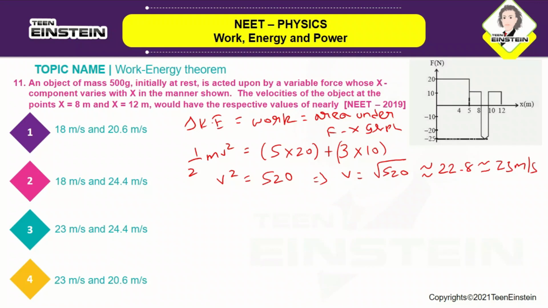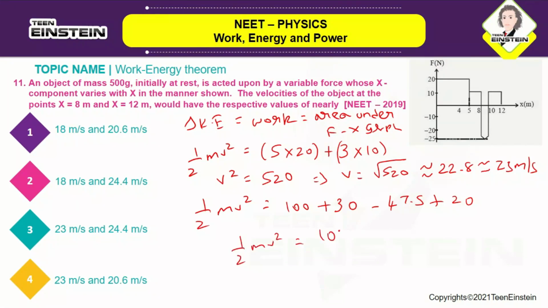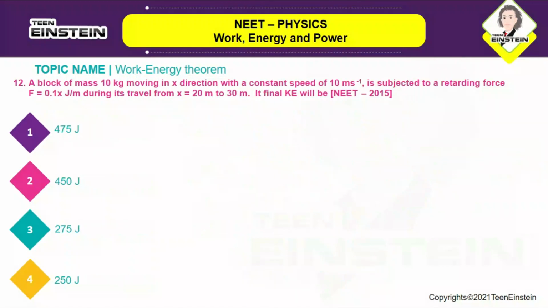Similarly, we can calculate from x equal to 0 to x equal to 12 in a similar pattern. Again, if you calculate that, you will get half mv square is equal to 100 plus 30 minus 47.5 plus 20. If you solve this, you will get half mv square equal to 102.5, so v square is equal to 2 into 102.5 by 0.5.